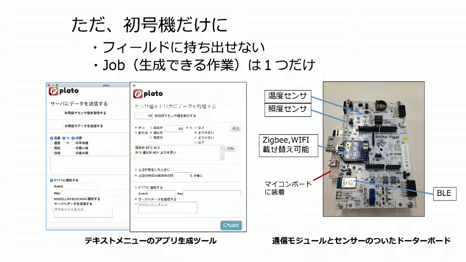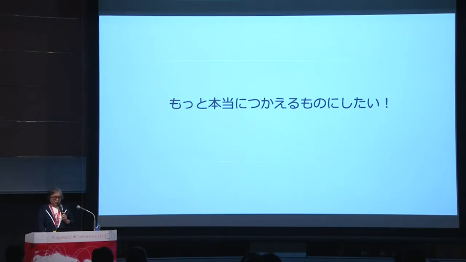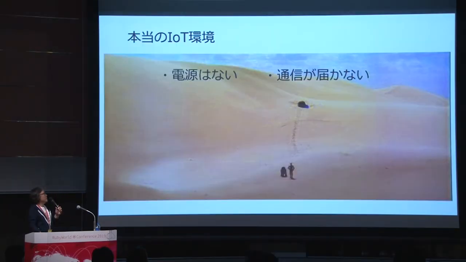You just send data to the server and get notifications. But you cannot bring this to the field, and the job was limited to only one. So that was our initial trial, a sort of prototype.